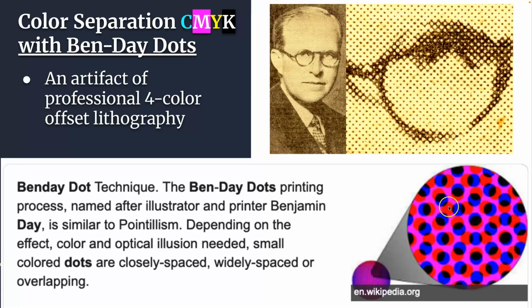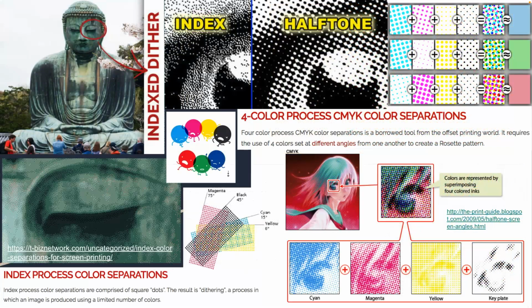Once you do this with colors overlapping, you get to the full rosette and full four-color color mixing, like you see here. Black is always at 45 degrees, even when it's the only ink you're using, like for a black and white newspaper. But when you add the other halftone dots for magenta, cyan, and yellow at different angles, you get full spectrum color.